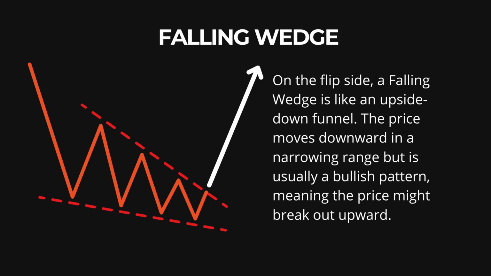The price moves downwards in a narrowing range, but it is usually a bullish pattern, meaning the price might break out upward. Think of a wedge as a market squeezing before it pops in the opposite direction.